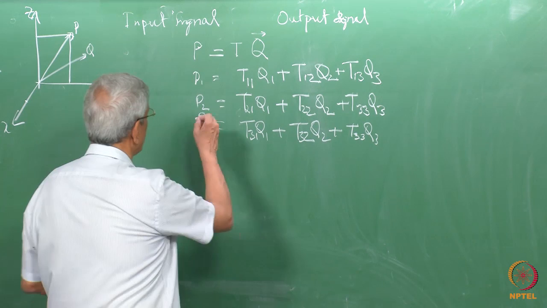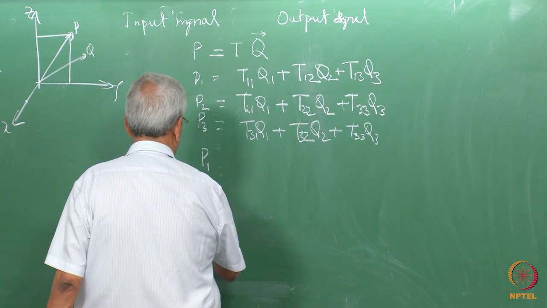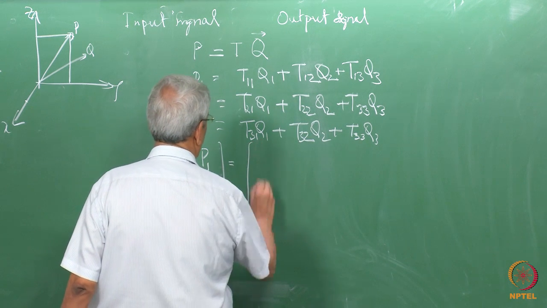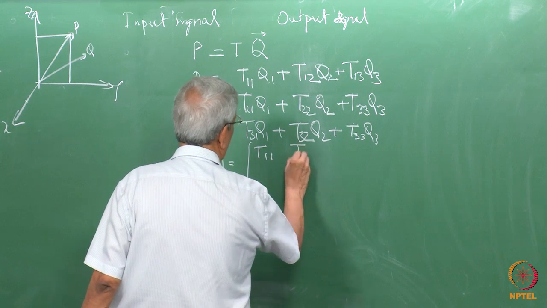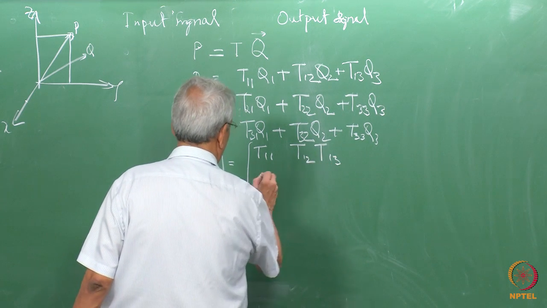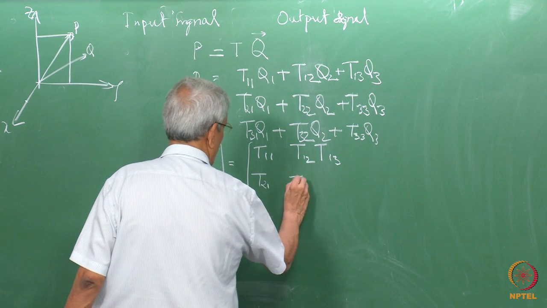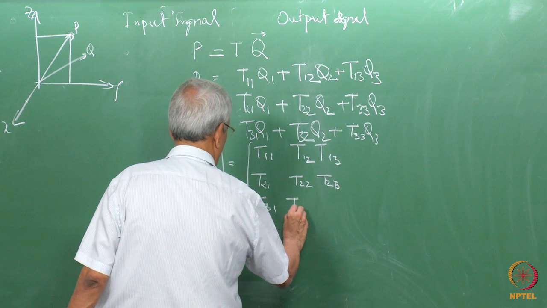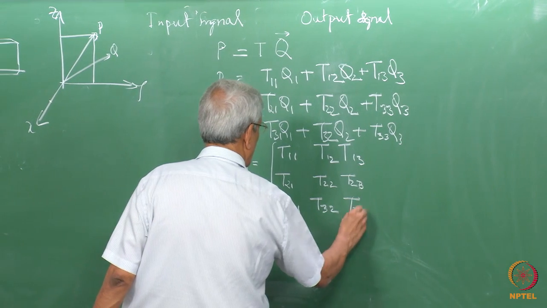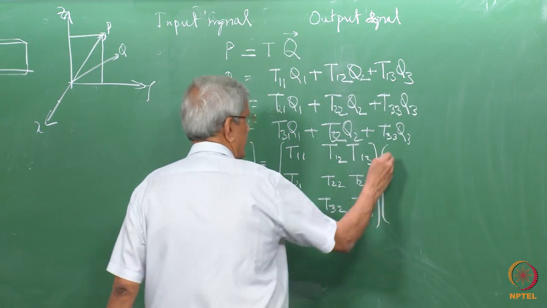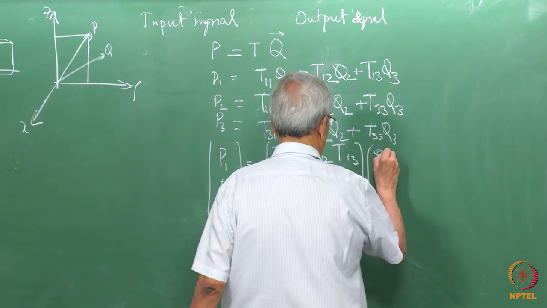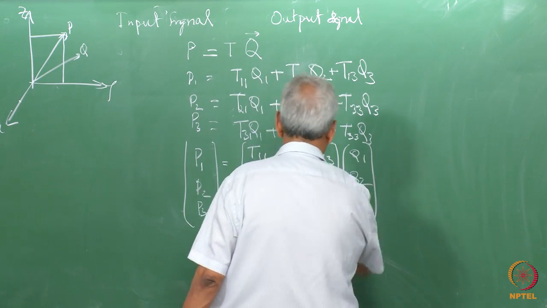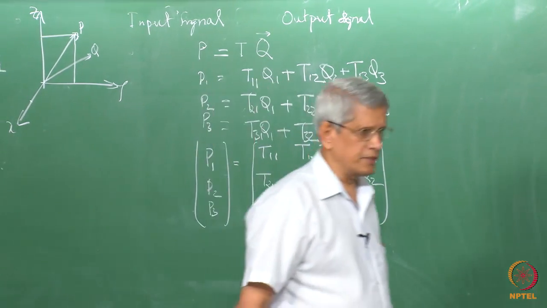So this itself can be written in the form of a matrix. In this way we can represent it.